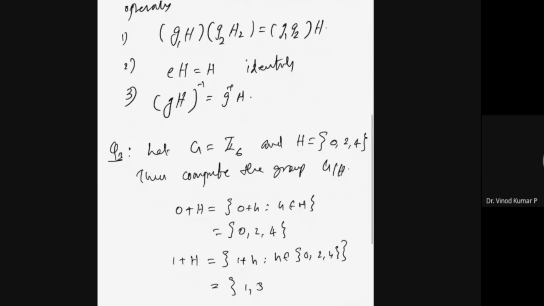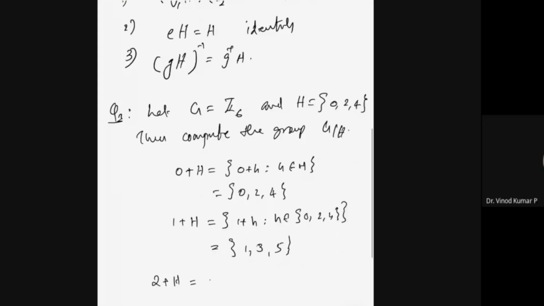And 1 plus H is 1 plus h, h belongs to the set {0, 2, 4}. That means this will be {1, 3, 5}.